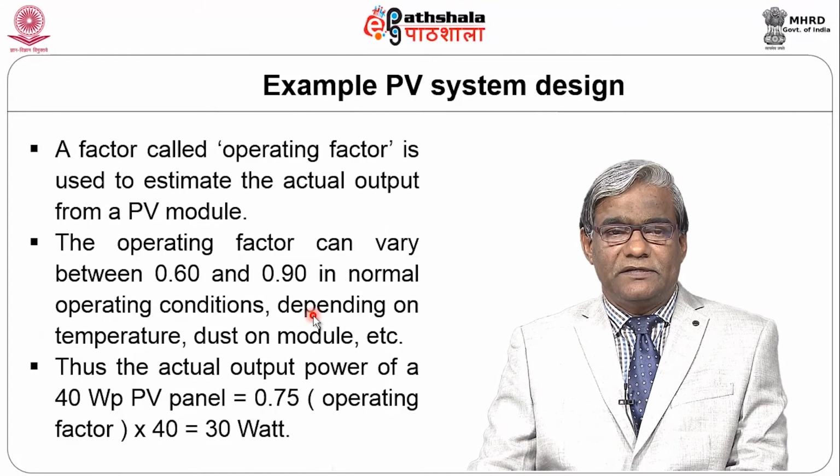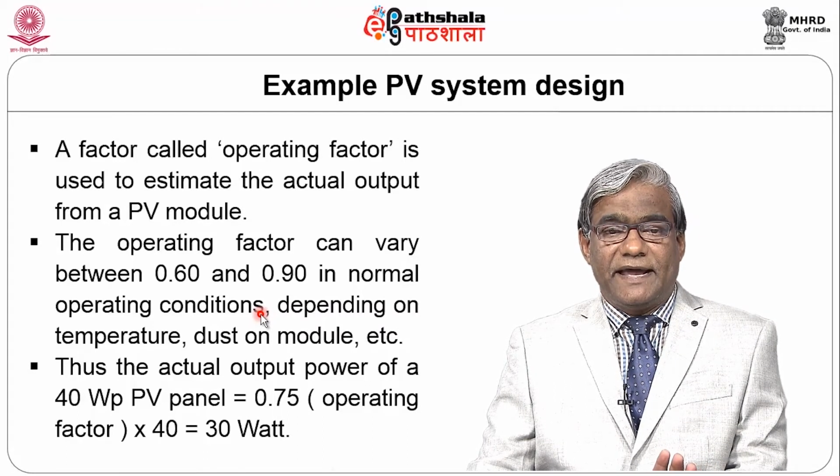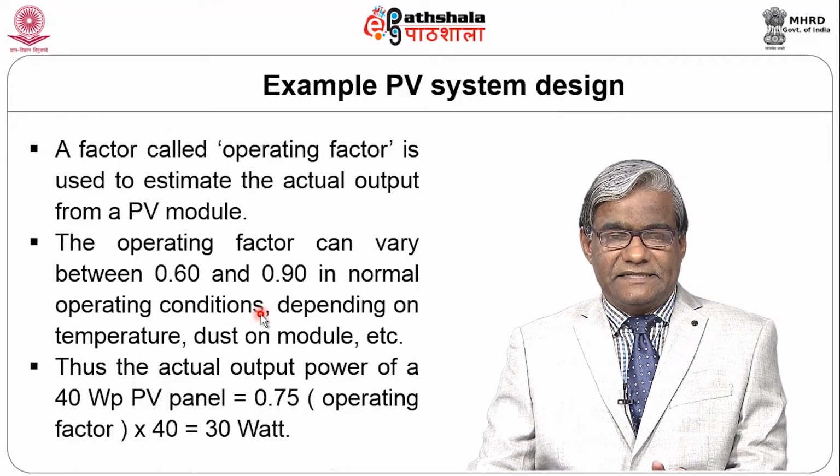A factor called operating factor is used to estimate the actual output from a PV panel. The operating factor can vary from 0.6 to 0.9 in normal operating conditions depending on temperature, dust on the module, etc. When the temperature is very high, when the heat is high, the efficiency may come down.